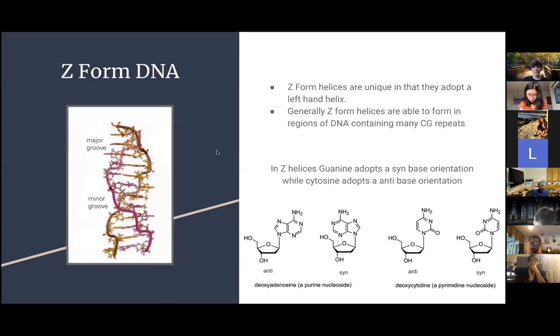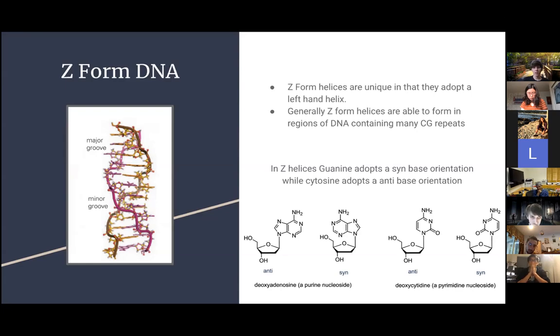So the third type of helix that was discussed in class is the Z form helix. And this one is unique because it actually adopts a left-handed helix instead of a right-handed helix like A form and B form. And generally, you'll see Z form helices in regions of DNA that contain many CG repeats.